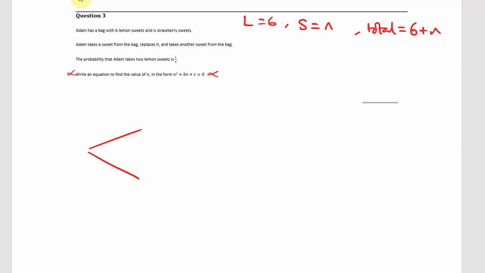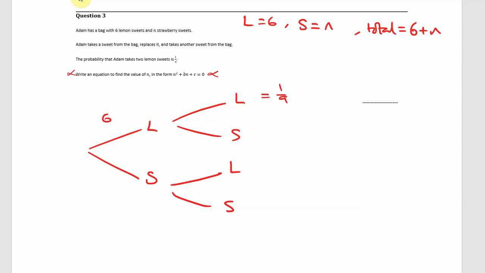So lemon, strawberry, lemon, strawberry, lemon, strawberry. If I was being really clever, I would have actually only drawn these top 2 branches because we don't care about anything else. We only want 2 lemons. So that will be 6 over the total, 6 plus n, and 6 over the total, 6 plus n.